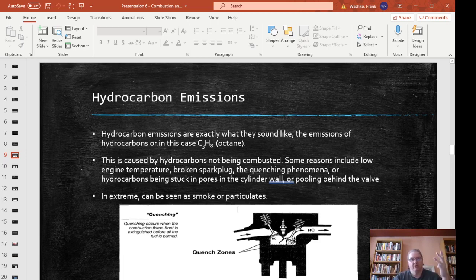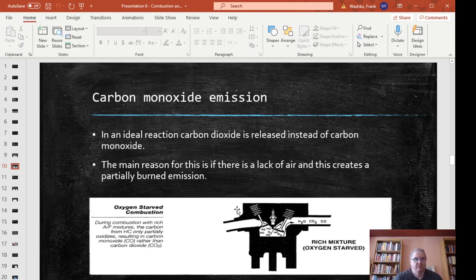There's a cold spot somewhere, or maybe one of the valves is colder than the rest of the chamber. Things like that, and the result is you see it come out as black smoke, or potentially as particulates like pieces of carbon. And then carbon monoxide potentially, and as it gets richer, the problem gets more and more dramatic, and you could run into carbon monoxide also.